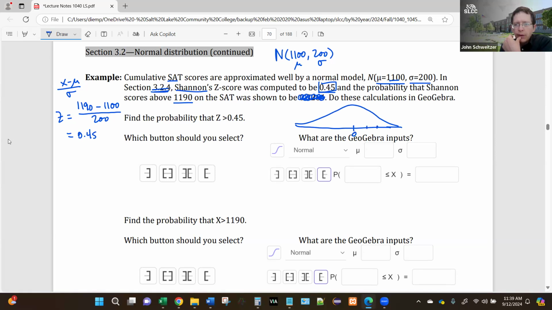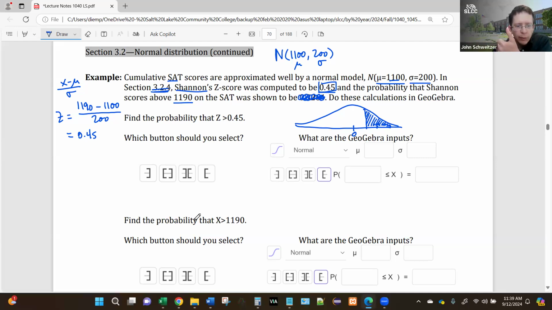So 0.45 is about right here. It didn't ask us to do this, but it won't hurt at all to shade that in. That's the percent of students who score higher than Shannon. So she's above average, and so it'll be less than 50%. What is the percent? Based on my very rough sketch here, I would probably say 30, 40%, right?